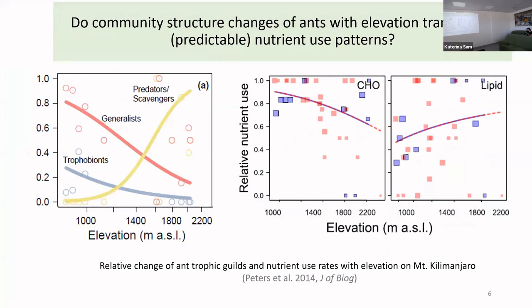And this actually led our colleague Marcel Peters to some hypotheses: that community structural changes of ants with elevation could actually translate to some predictable nutrient use patterns, because perhaps the scavengers are increasing with elevation, that's why ants are also preferring more lipids and some amino acids at higher altitudes, while maybe the honeydew eaters like more sugars in the lowlands. But it was hypothesized actually not on some statistical tests, but just on this kind of visual correlation in that study.